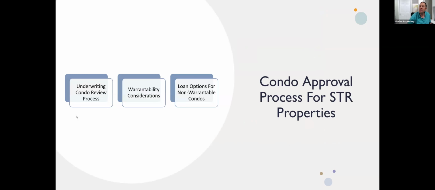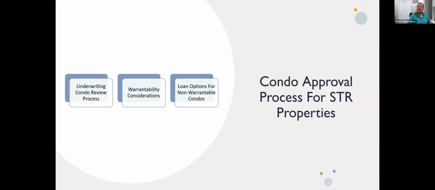The last page here is, again, if you're looking at resort areas, the short-term rental options are usually condos, so the warrantability really comes into play. What I mean by warrantability is that the condo has, for example, more investors than primary residence people, or in a lot of cases the insurance may not be adequate.